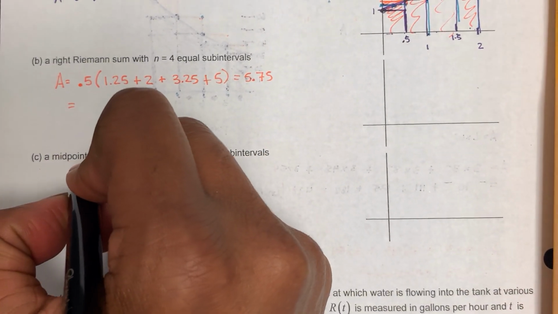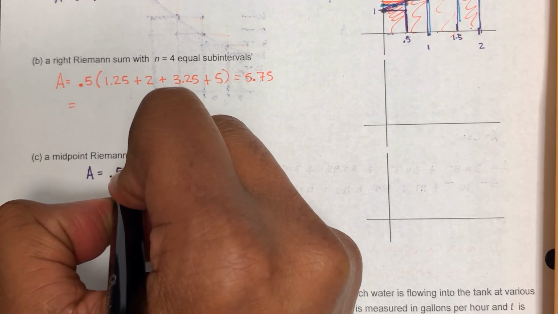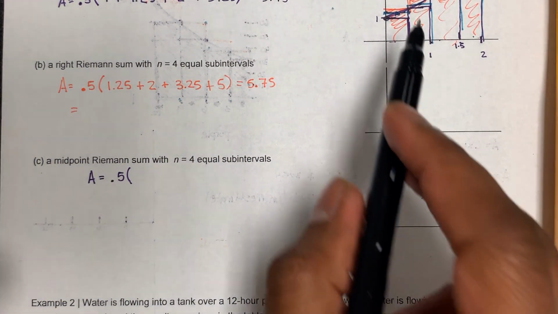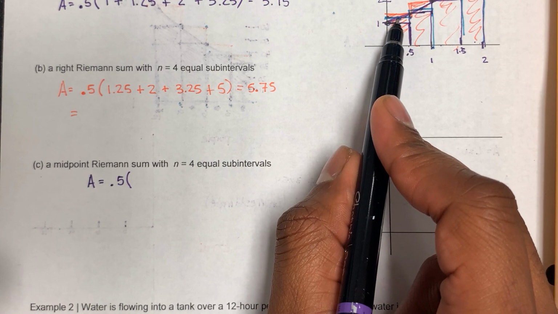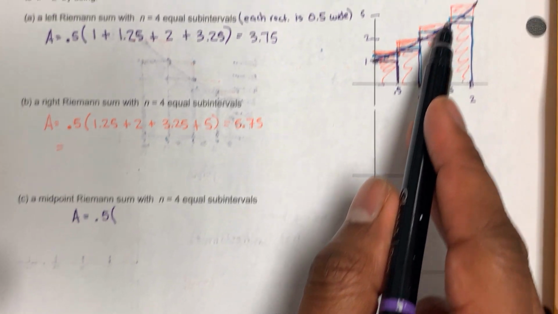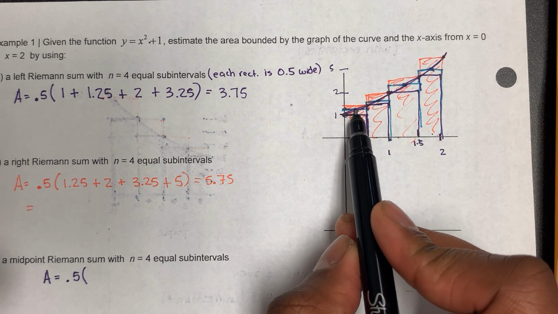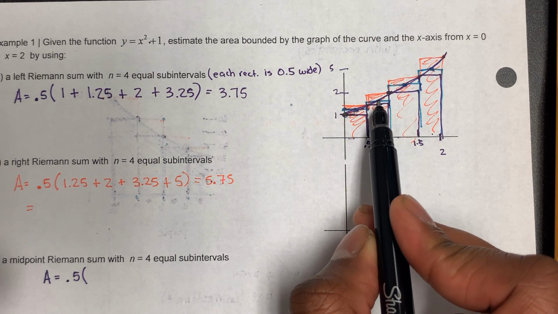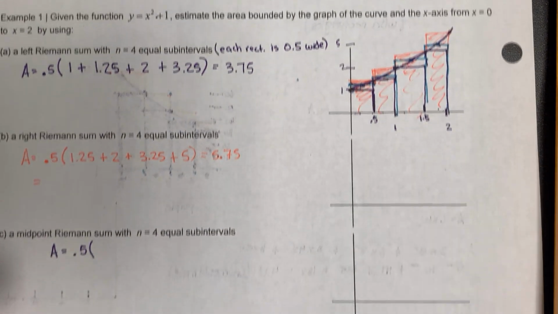So we'll have area equals still 0.5 because of the width, but the heights are the y values at 0.25, 0.75, 1.25, and 1.75.